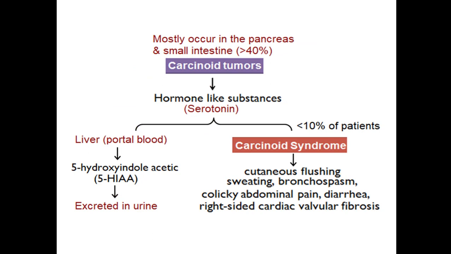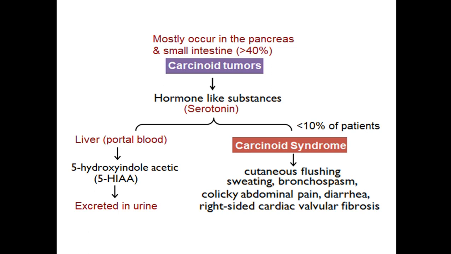Now, if the carcinoid tumors are located in the gastrointestinal tract, for example the stomach, small intestine, duodenum, jejunum, and pancreas, as we know, blood from these regions doesn't go directly into the heart, but this blood is taken up by the portal system, a particular effect known as the first pass effect.